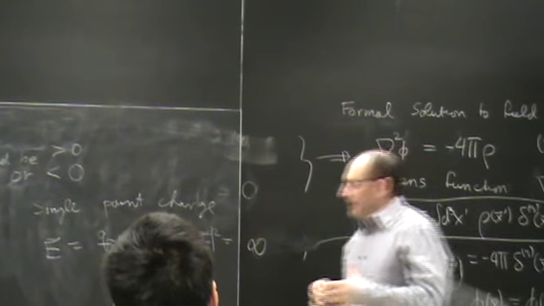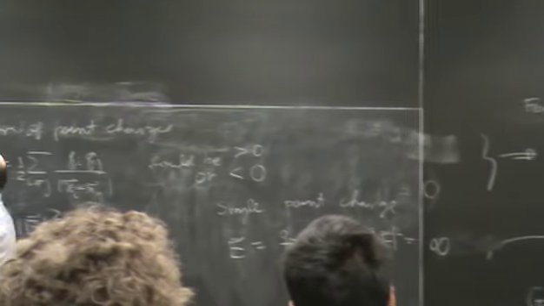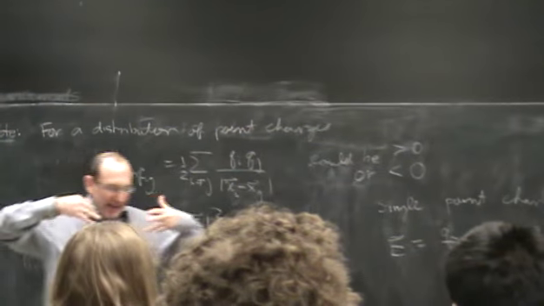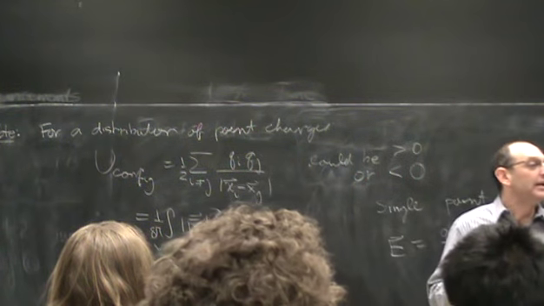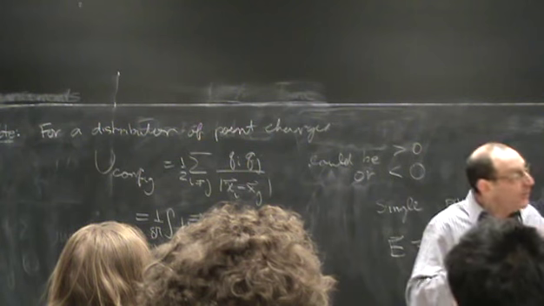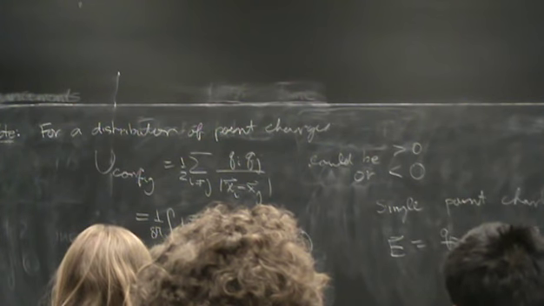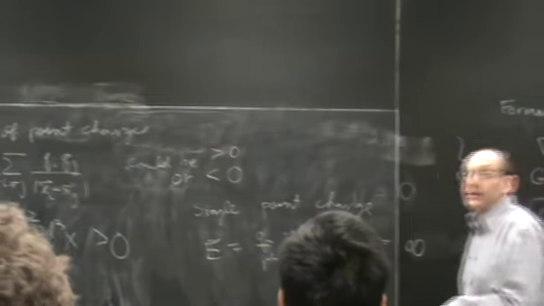Ultimately, these issues reappear when we start thinking about quantum electrodynamics, QED, and the whole question about renormalization of field theories and so forth. The self-energy is an important concept.